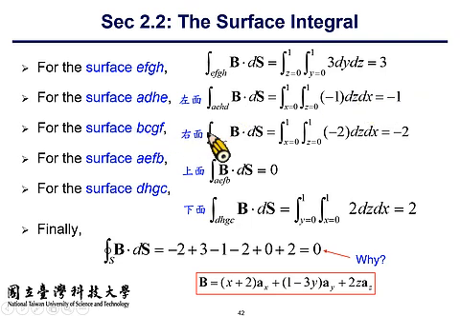The right is minus 2. And the top surface is 0, and the bottom surface is 2. Then the total result of this surface integral is minus 2 plus 3 minus 1 minus 2 plus 0 plus 2, and it equals 0.